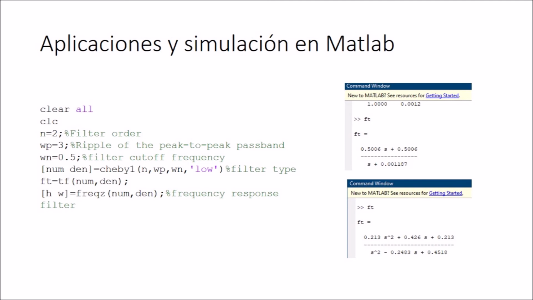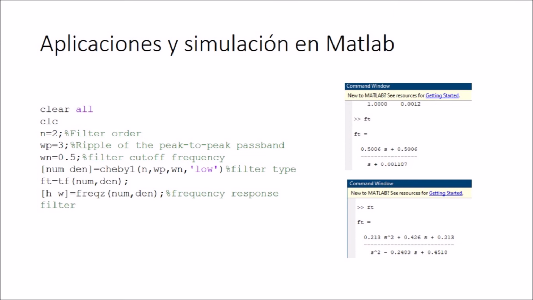The MATLAB program allows us to obtain the transfer function of the Chebyshev circuit. For this, four parameters are needed: filter order, peak-to-peak ripple factor, cutoff frequency, and filter type.